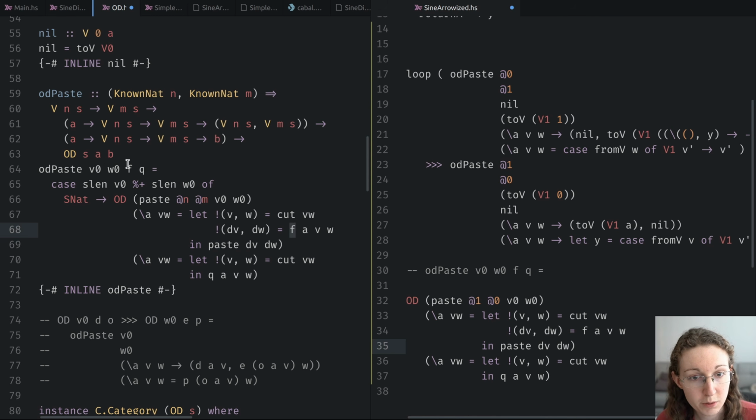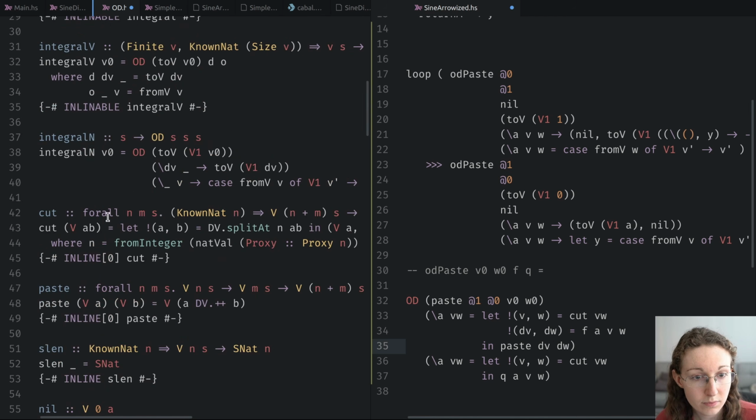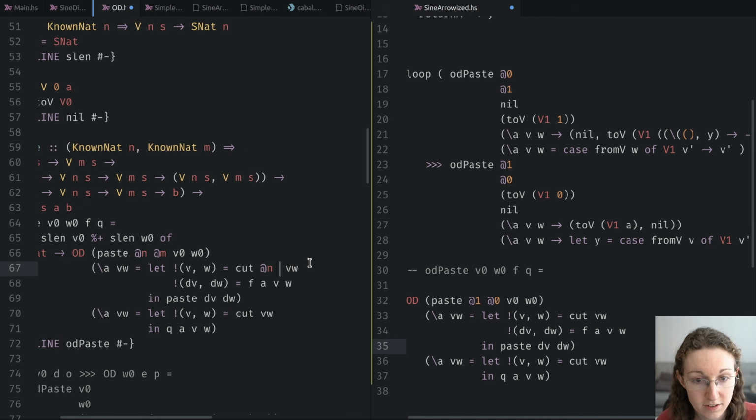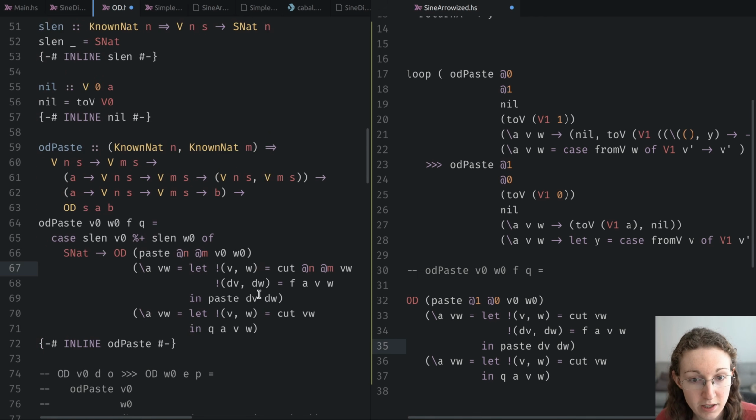But f here, which is an argument to this function, accepts a vector of length n as the first argument, and length m as the second argument. So cut is still going to be applied to n and m here as well. And then we're going to end up with another vector of length n, and v will have length n, w will have length m.